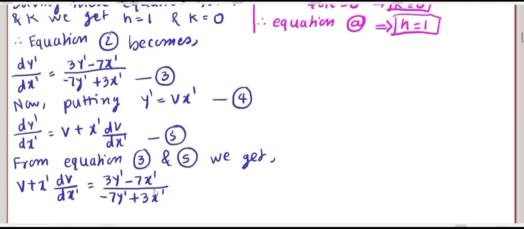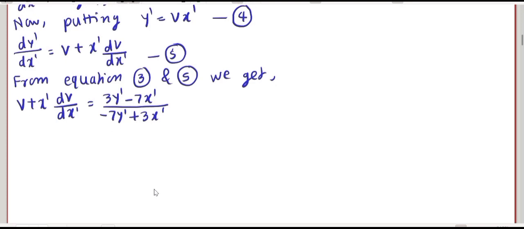Now from equation 4, substituting the value of y' as vx' here.